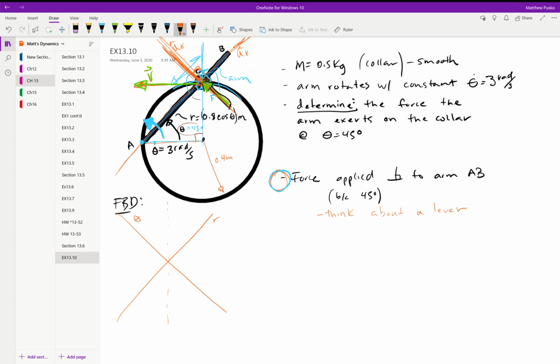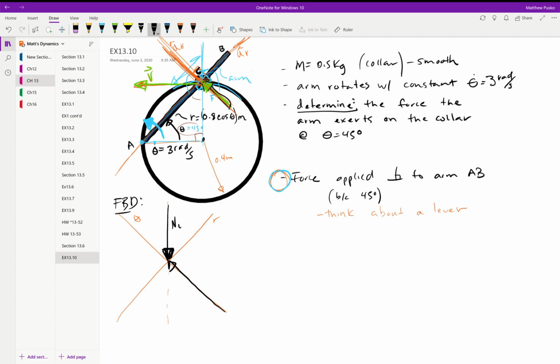So let's take a look at this. We have a normal force, and it's pointing down on the collar from the hoop or the ring. We'll call it a normal force, N_C. We also have our perpendicular force to the radial arm.